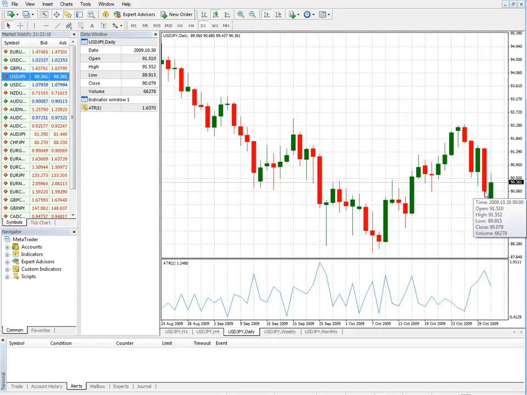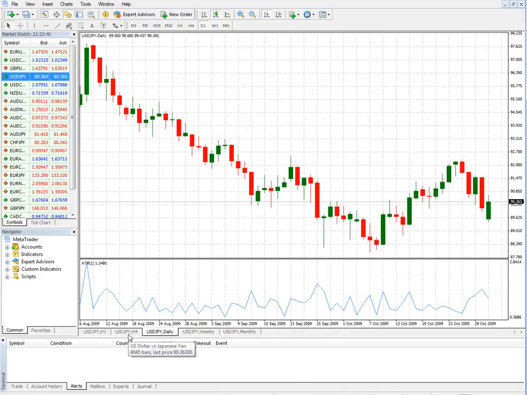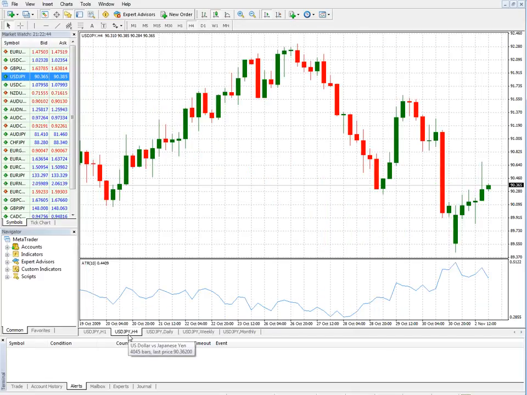Okay. Japanese yen can really get moving. Don't see any particular pattern that we may be interested in here, so okay, let's see, 4-hour.